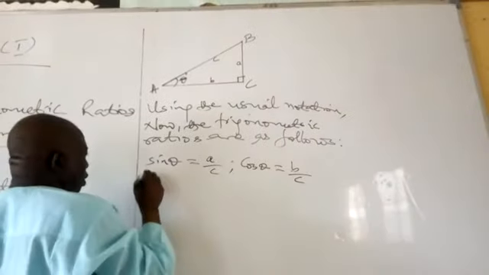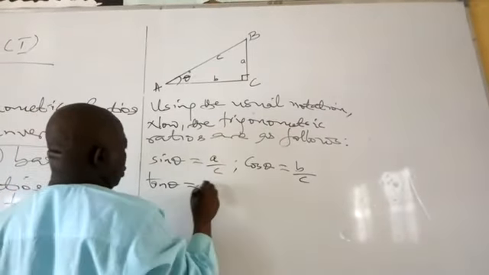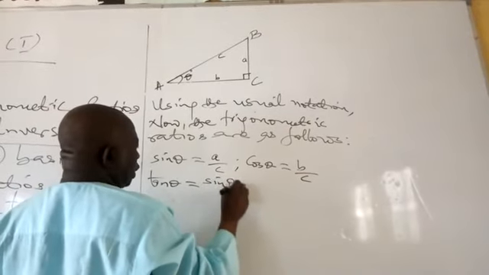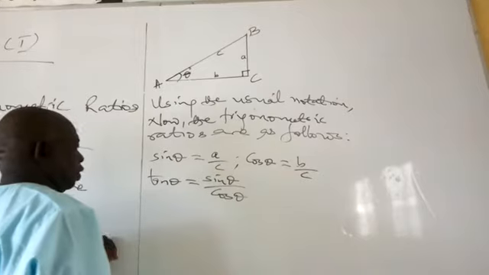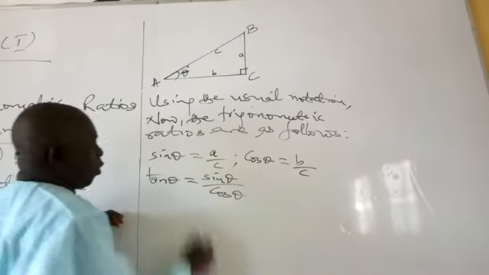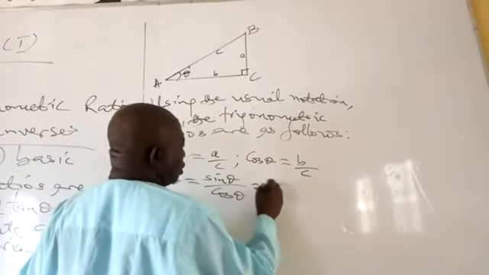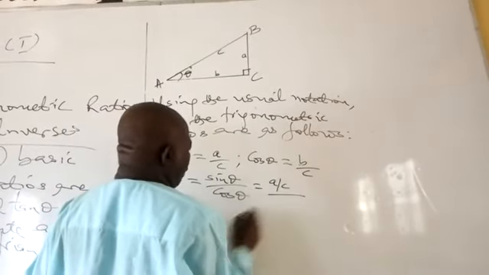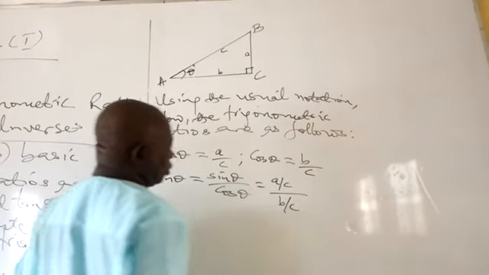So, tan theta now. Tan theta is equals to sine theta over cos theta. And what is sine theta from here? Sine theta is a over c. That is a over c over cos theta, which is b over c.